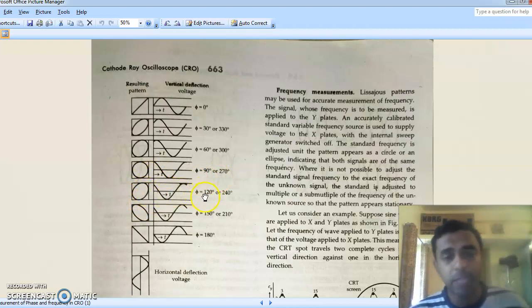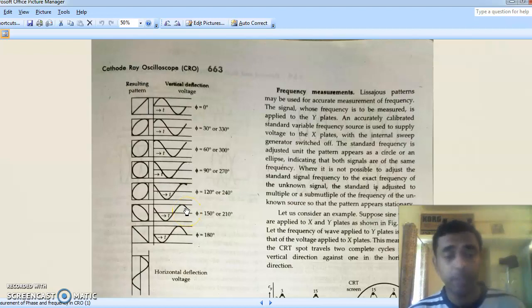This happens for angles greater than 90. If it is 150 or 210 degrees, we finally get again a straight line, which is for phi equal to 180 degrees. So this is in general what is happening.